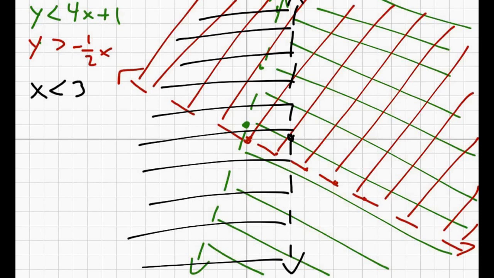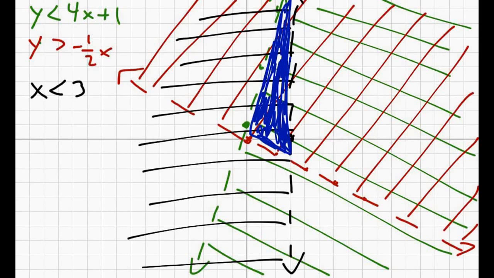I'm looking now where all 3 shaded areas come together. So that looks like it's kind of right in here. So I'm going to shade all that in right in there. And there we go.